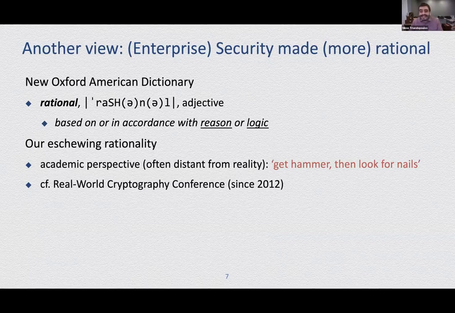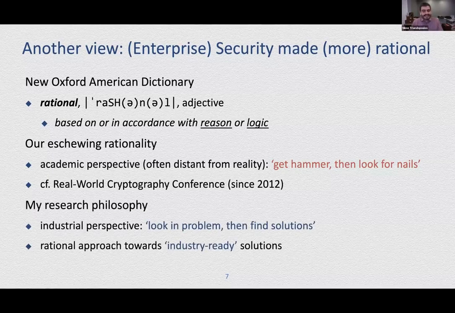And it's interesting that in our community, we have actually the so-called real-world cryptography conference, a highly attended such conference. This demonstrates that actually there is some gap between perhaps academic solutions and real-world topics. So that's part of my philosophy. So I'll try to find solutions that in that sense are more natural, are more industry ready, so to speak.